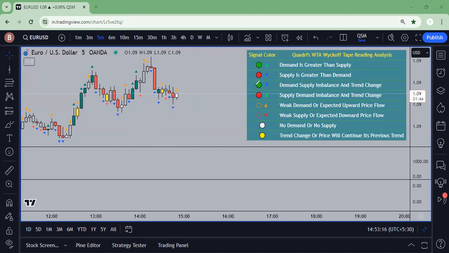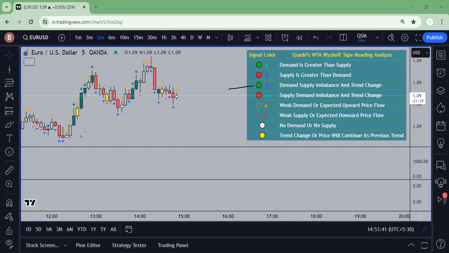Third, if this is printing a green candle with blue triangle, sorry, because I don't conduct any session with a script in my hand. I try to be spontaneous, so please bear with me.